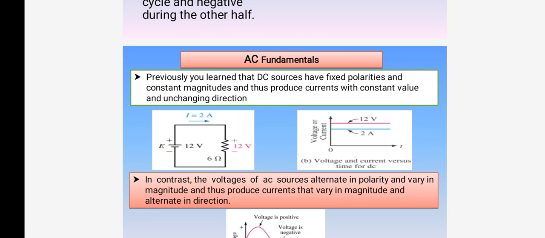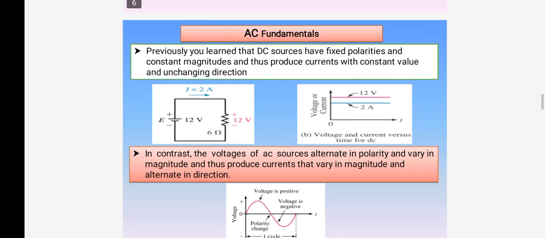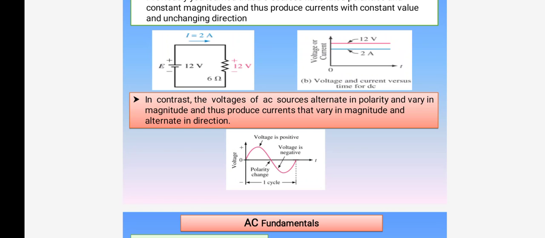In contrast, the voltage of an AC source alternates in polarity and varies in magnitude, and thus produces current that varies in magnitude and alternates direction. You can see here a positive half cycle. It starts at 0, goes to the positive maximum, then comes to 0, then goes to the negative maximum, then comes back to 0.